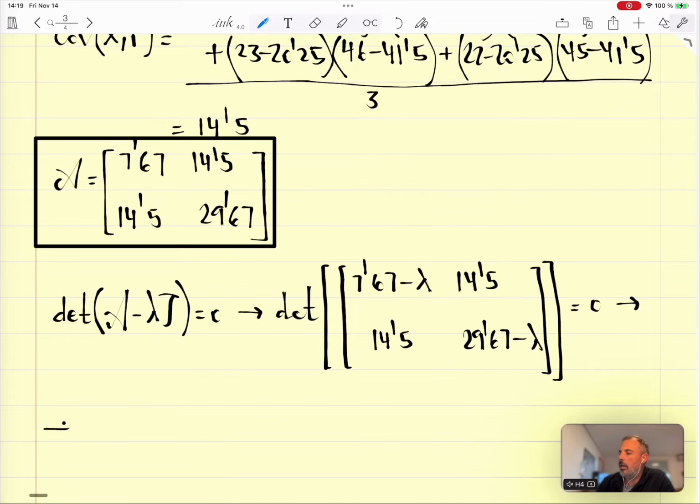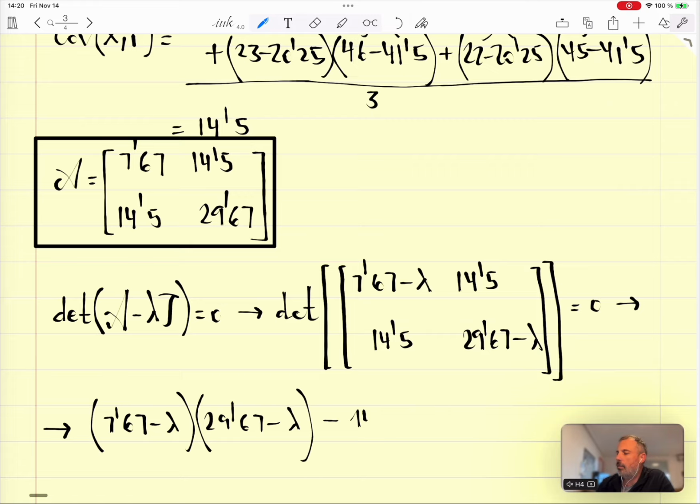Okay, the determinant of this is 7.67 minus lambda times 29.67 minus lambda minus 14.5 squared equals 0.